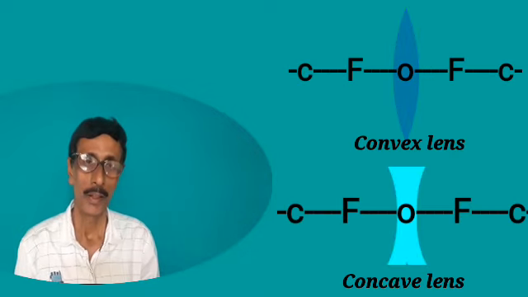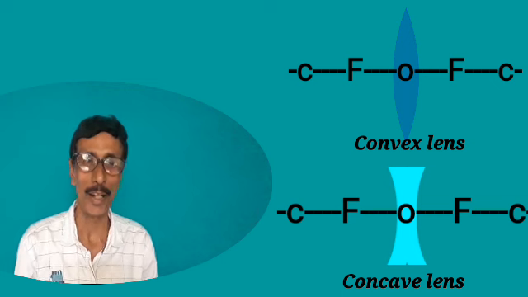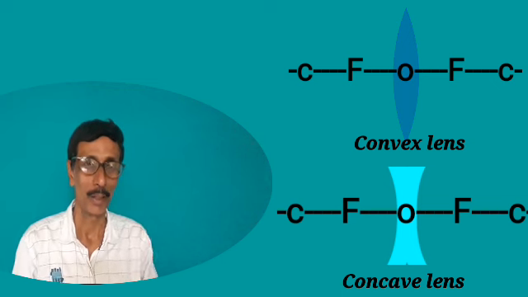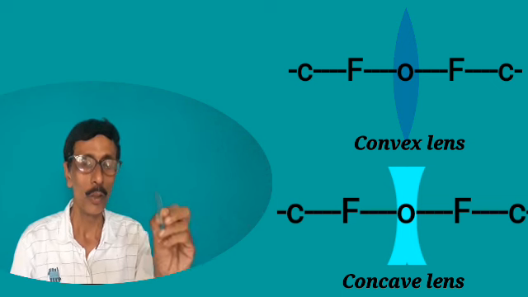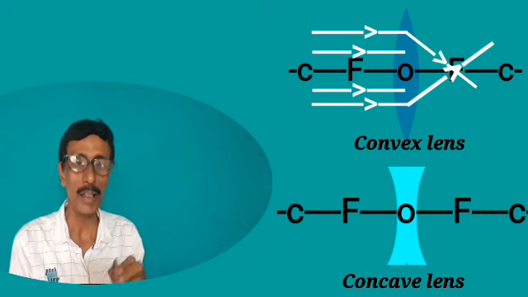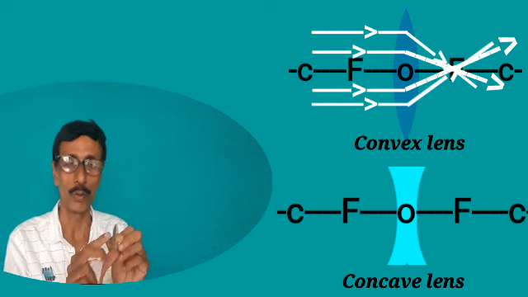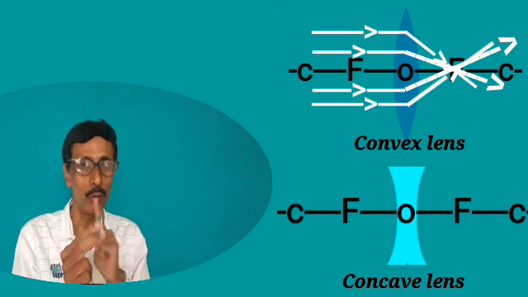My dear student, you need to know some special characteristics of this lens before getting the idea of image formation on convex and concave lenses. This is a convex lens. It is also called a convergent lens.